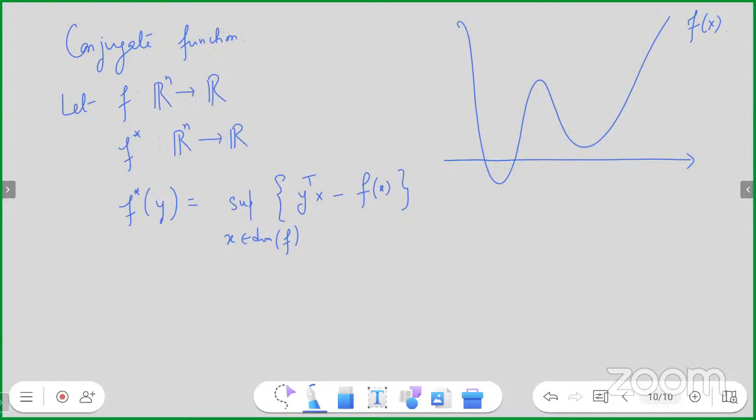What does the line x times y look like? For a fixed y, it will be some sloped line.